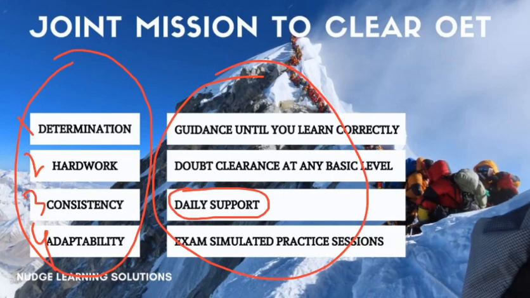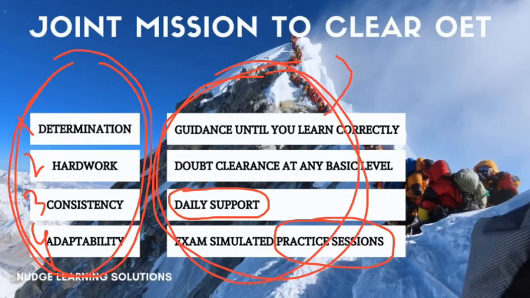We respond to you immediately, and on a daily basis. And our practice sessions, we ensure, are simulated to the real exam that you will face. So you just need to have these 4 things. We will provide you these 4 things, and we are sure that you will be able to reach the summit of clearing the OET exam with a minimum of band B.